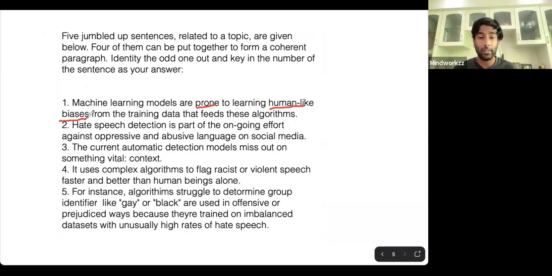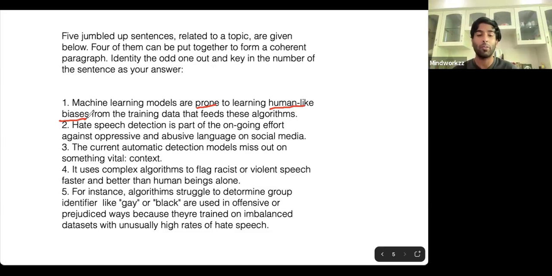Human-like biases meaning, let's say I am fond of Pepsi. I like drinking Pepsi a lot. So if I talk about Pepsi to an AI algorithm or whatever, I'm just giving you an example, it might learn from my bias, and if somebody asks the AI whether they should like Coke or Pepsi more, maybe it will learn from my bias and feel that maybe Pepsi is actually better.